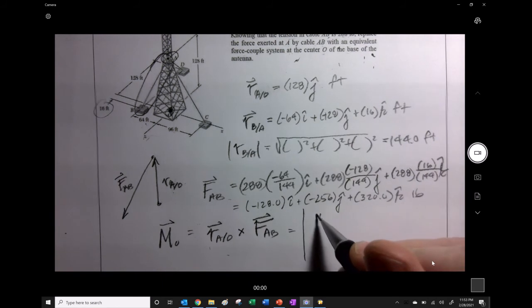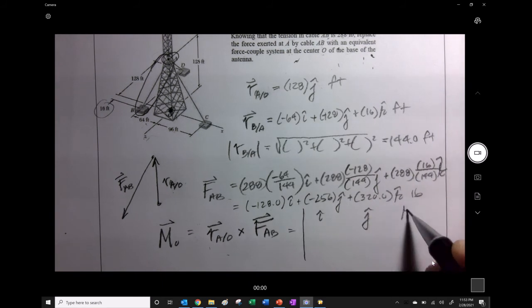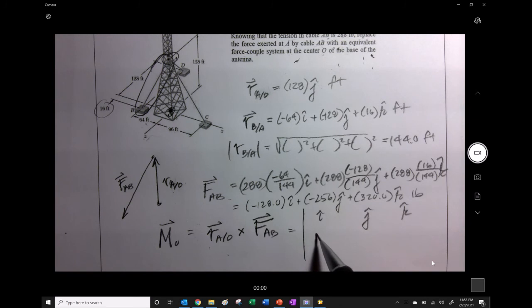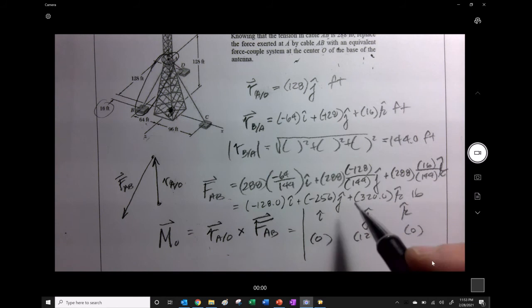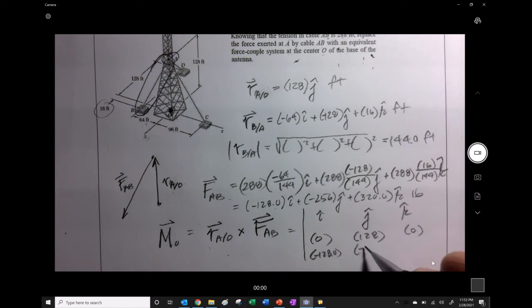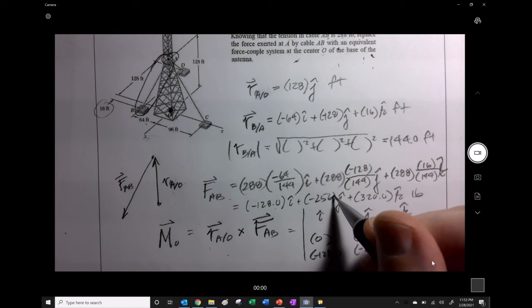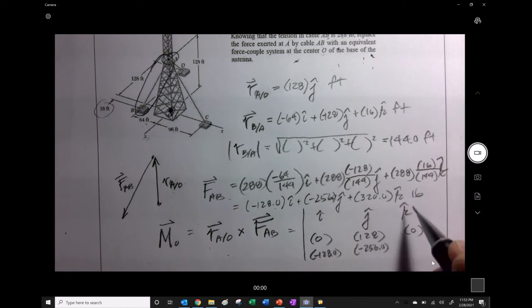So I, J, and K. Seems to me as if you guys must be tired of doing this at some point. 128 and 0. It's going to be pretty easy, actually. This one's not that bad. So we got this negative 128 from here, a negative 256, 0 there, and 320.